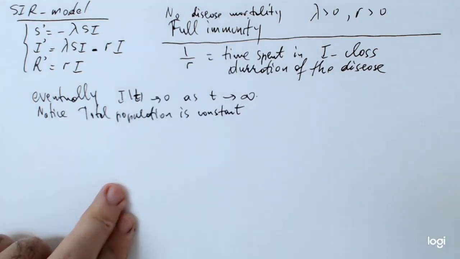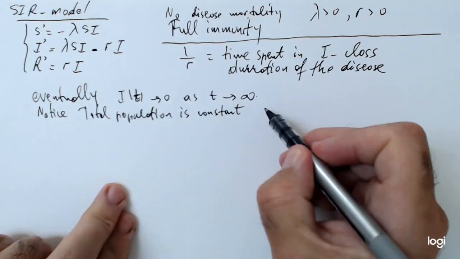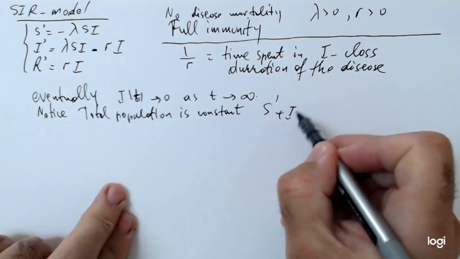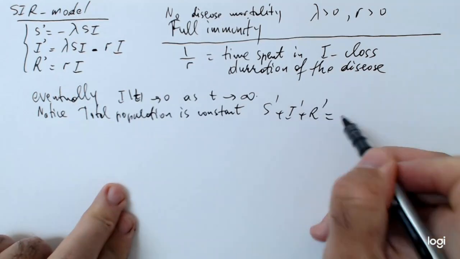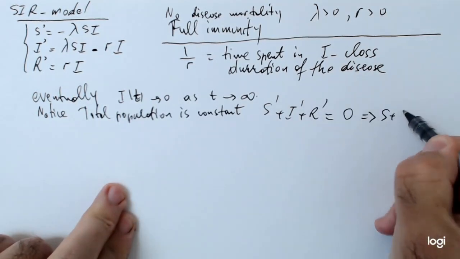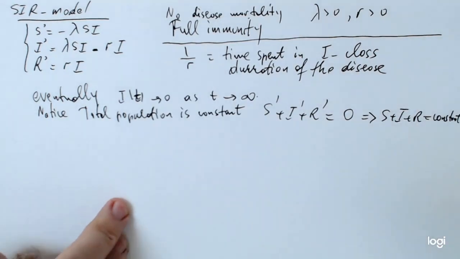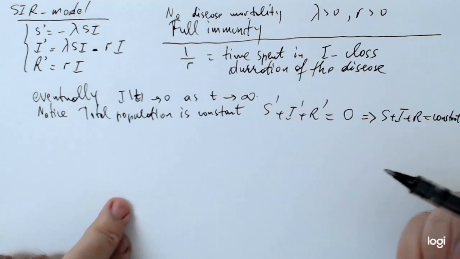No individual comes from the outside into the population, no individual dies, and mathematically we can see this by adding the equations, the derivatives. So therefore, S plus I plus R is constant. So all we have is basically transfer from these classes.